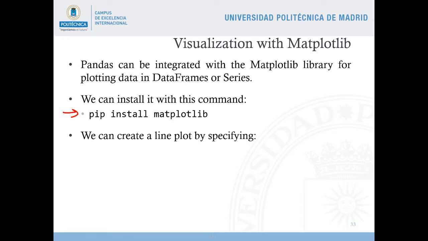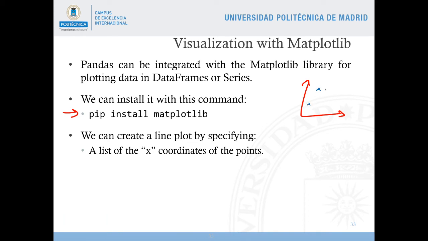Well, a very simple plot. We can create a line plot, which is very easy. We have to specify a list of the x coordinates of all the points to describe the lines. A line plot is a plot something like this. These are the axes, and let me change the color. Here we have points.